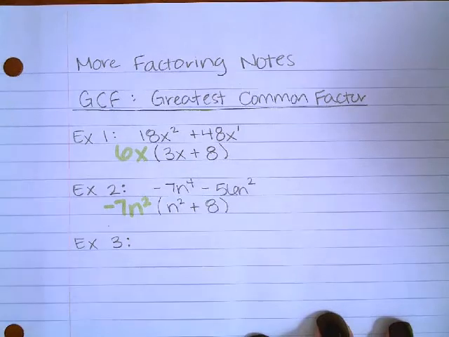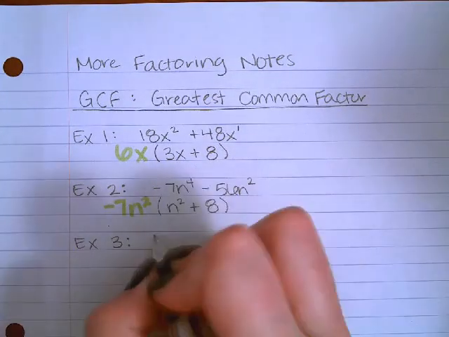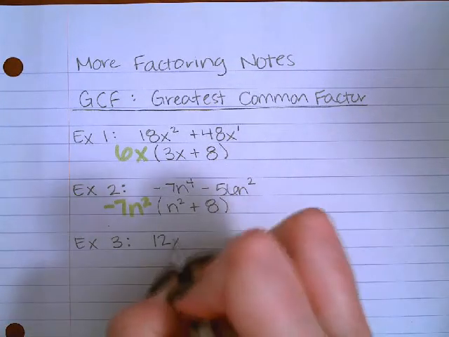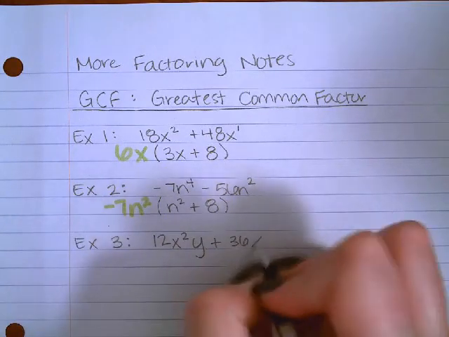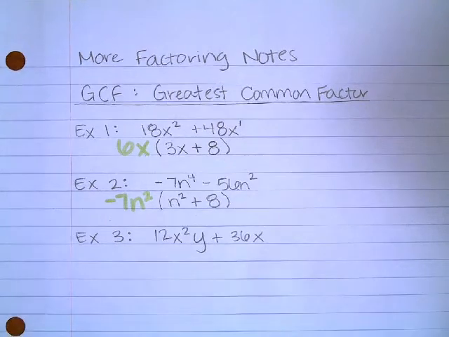All right, third example. So here's one where we have more than one variable, 12x squared y plus 36x. So instead of just thinking about what my numbers have in common and what my letters have together, I'm going to have to think about the numbers, then the x's, then the y's.